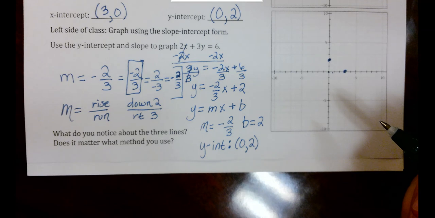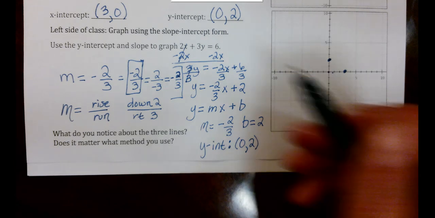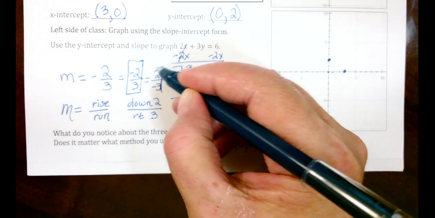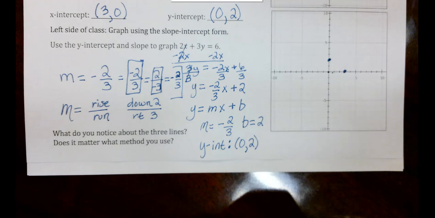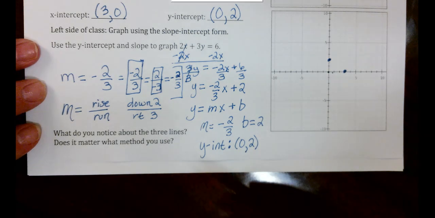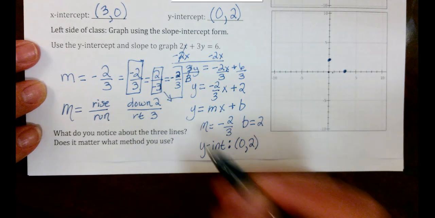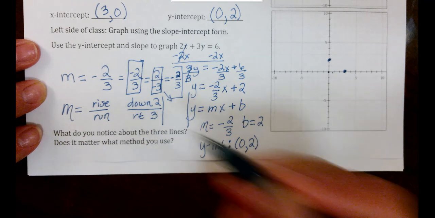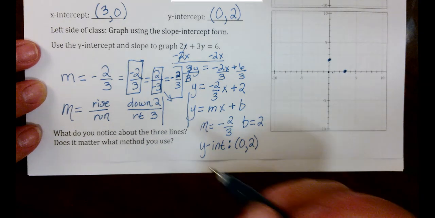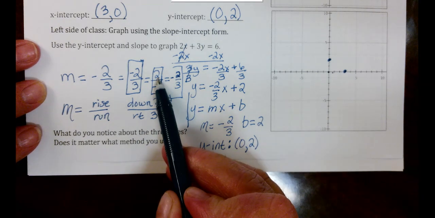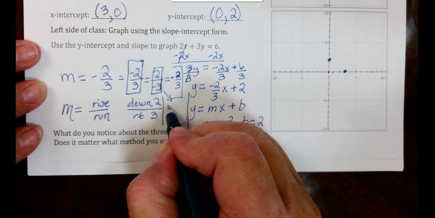Okay, I want to quickly show you what happens if you were to choose this option with the negative on the bottom. So if you have your negative on the bottom, you're going to rise 2. So this means I'm going up 2.